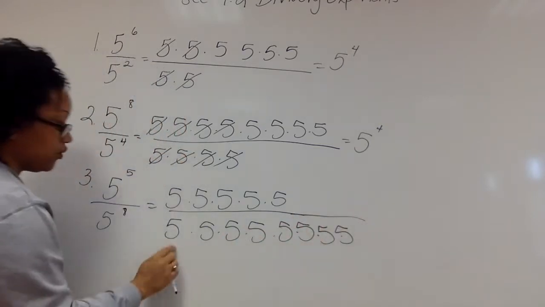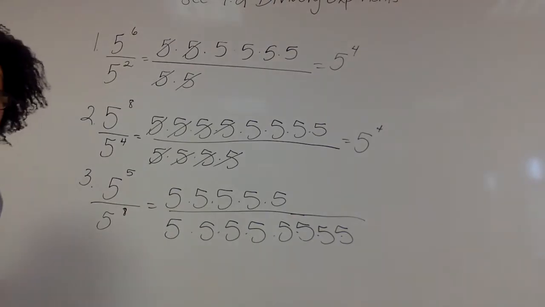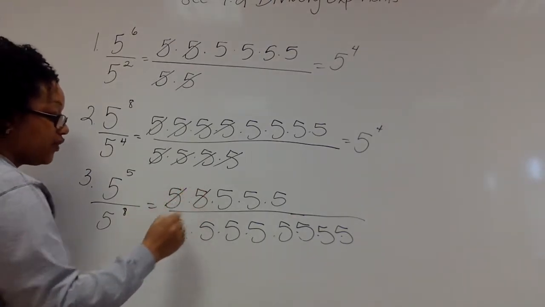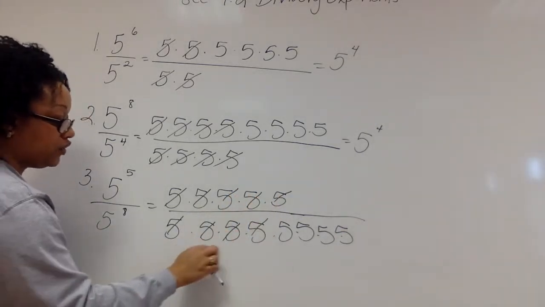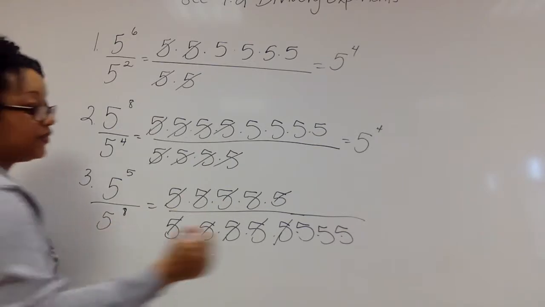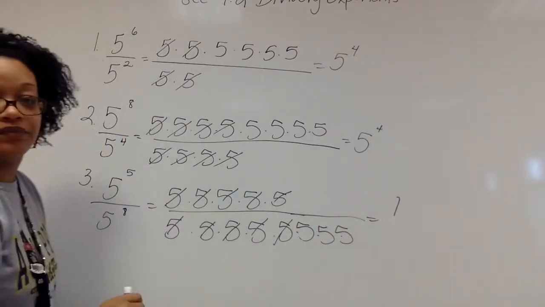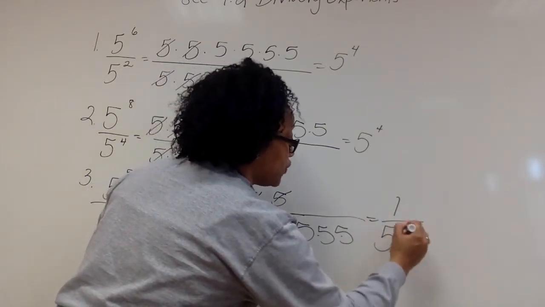Let me make sure I got that right. Yes, 8. I'm still going to cancel out the 5 5s that they share on the top and bottom. 1, 2, 3, 4, 5. So everything is knocked out on the top, so that's just going to be a 1. And then I have 3 5s on the bottom. So that's 5 to the 3rd.